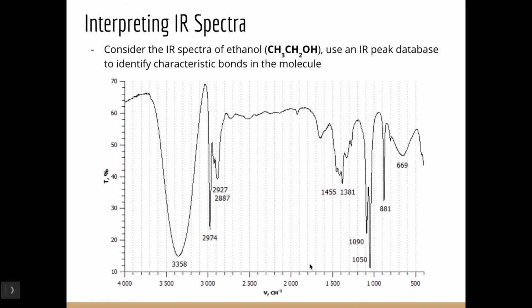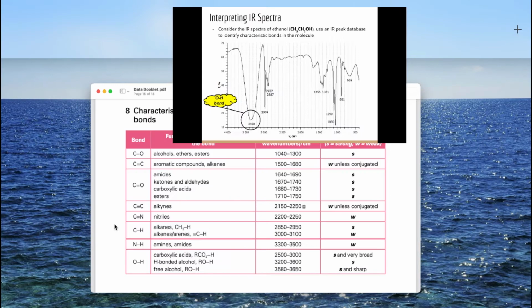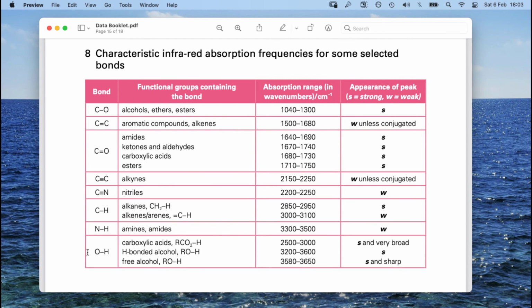So what we see here is this broad peak at around this region. Now this shape and this intensity of the peak is very characteristic of an alcohol bond. So if you ever see something like this at this position with this broad shape, you're thinking alcohol, right? So let's compare that to our data book here. We've got the O-H of an alcohol.